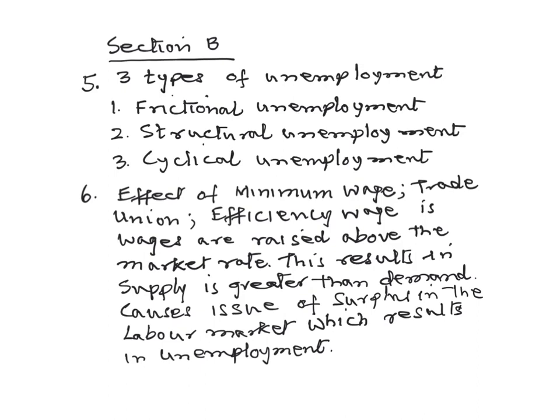Structural unemployment is unemployment that arises from a persistent mismatch between the skills and attributes of workers and the requirements of jobs. Cyclical unemployment is unemployment caused by a business cycle contraction, or recession.